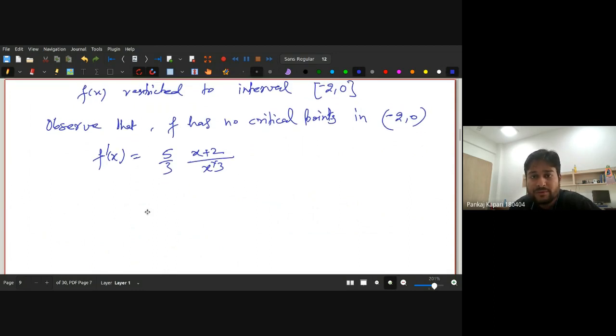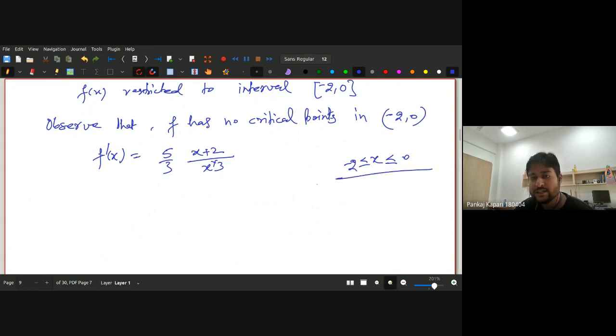We can also see that because x lies in this interval, in the derivative the denominator x to the power 1/3 is negative, and x plus 2 is positive.